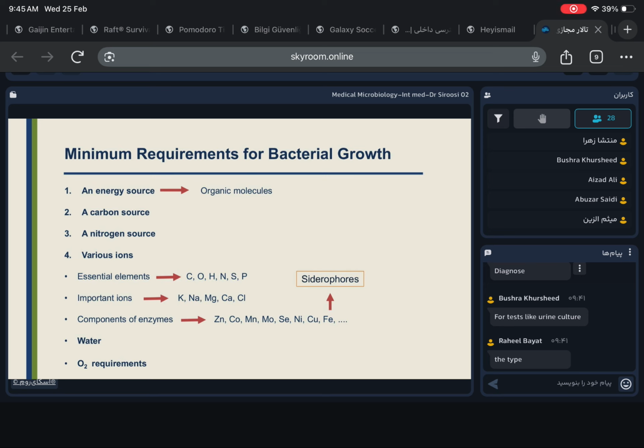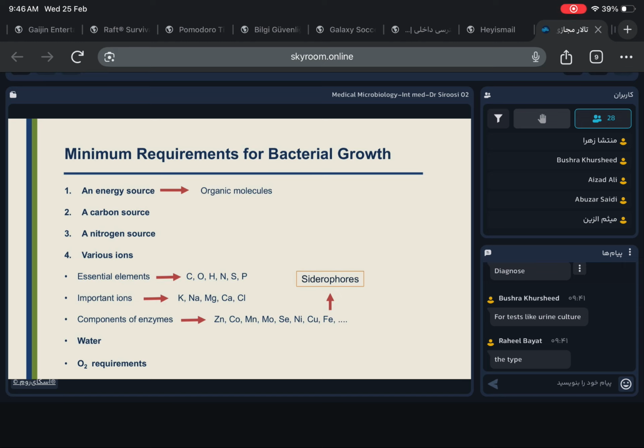So as shown in this slide, bacteria have minimum requirements for growth. So if you want to grow bacteria in the laboratory, you need to provide them with whatever they need to grow, okay? So here we're going to learn about the minimum requirements that you need to provide to bacteria to grow.